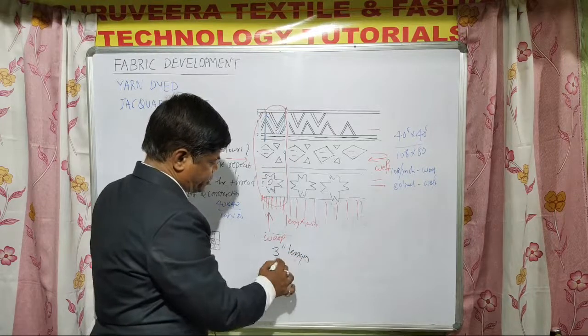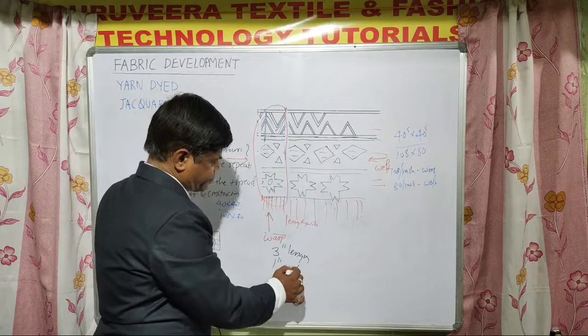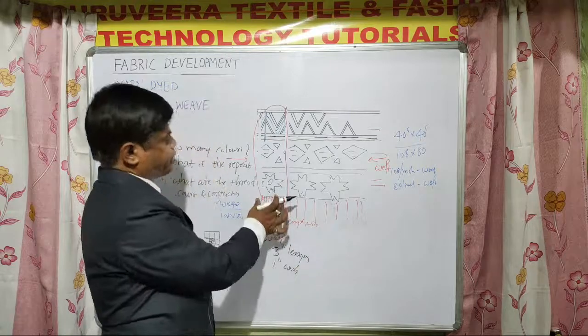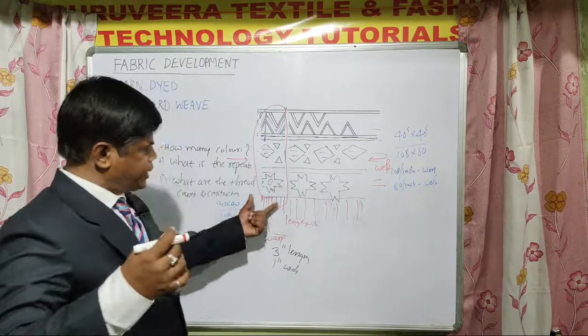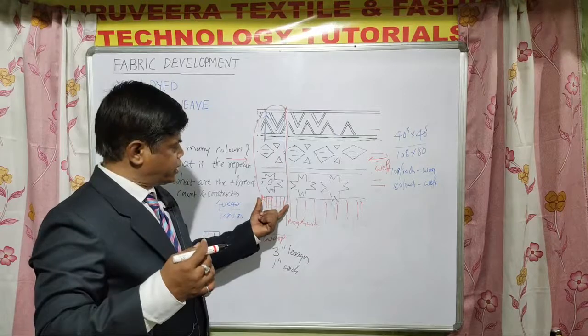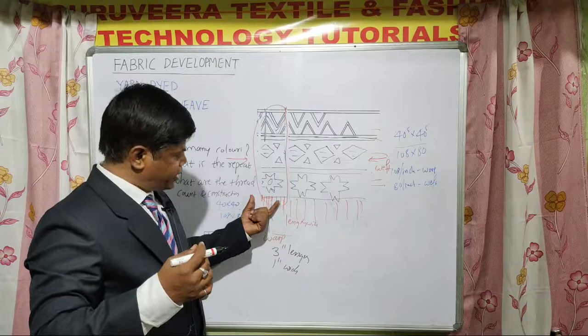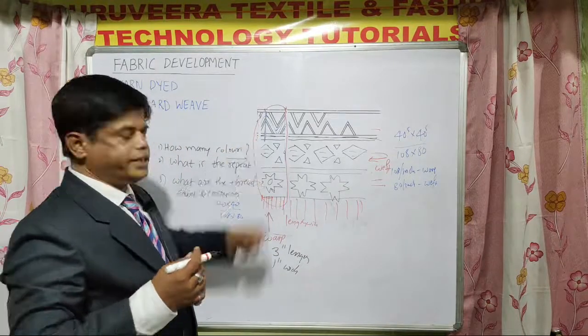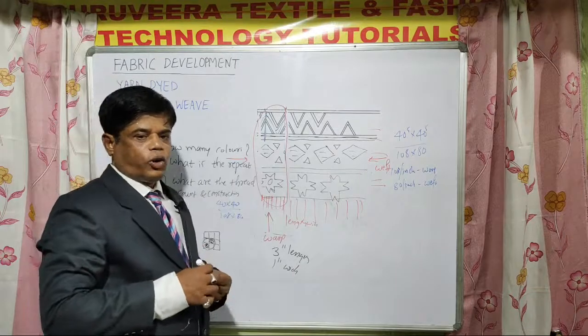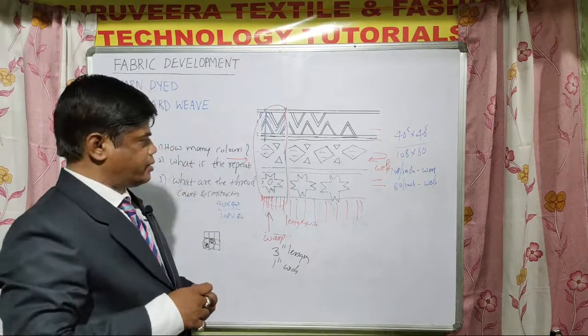Okay, 1 inch width is there. Ends per inch are 1 inch in width. Repeat width is 1 inch and length is 3 inch. In this repeat, how many threads are placed?